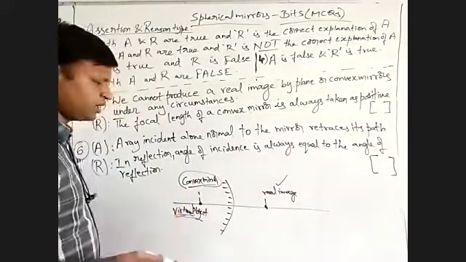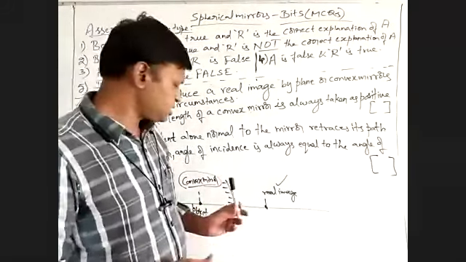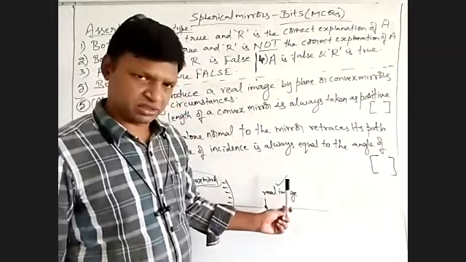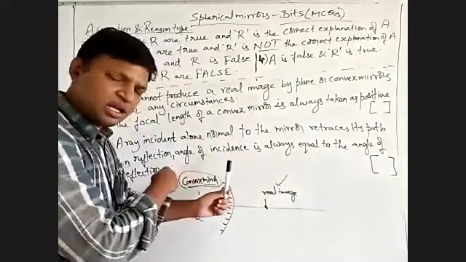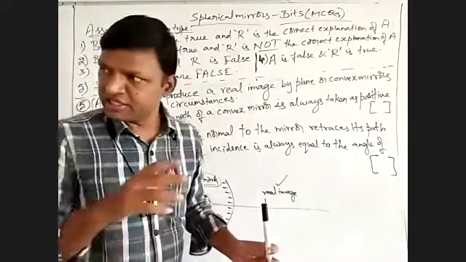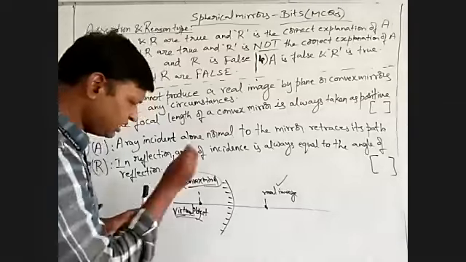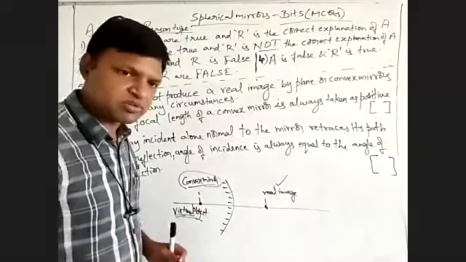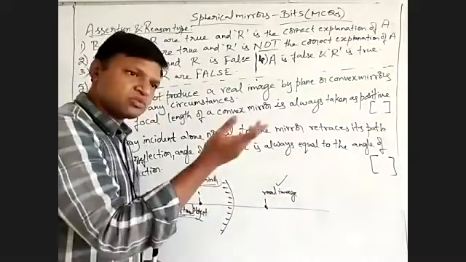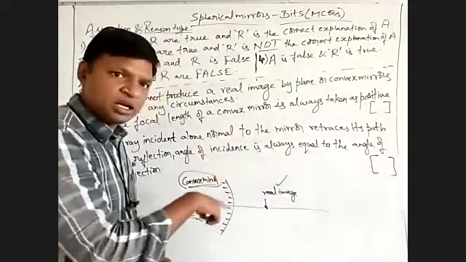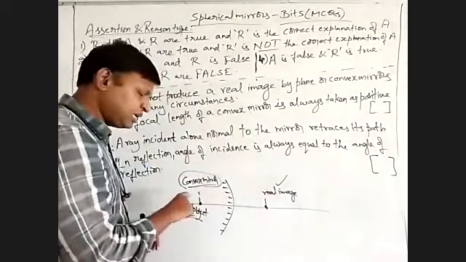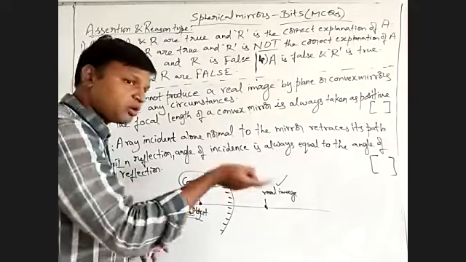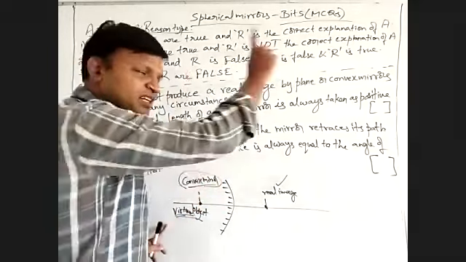Generally, for a convex mirror, if the object is a real object, then its image is always virtual. And if the object is virtual, that means it is one of the images formed for a real object, and if you take that image as an object, then the image formed for that virtual object is real.